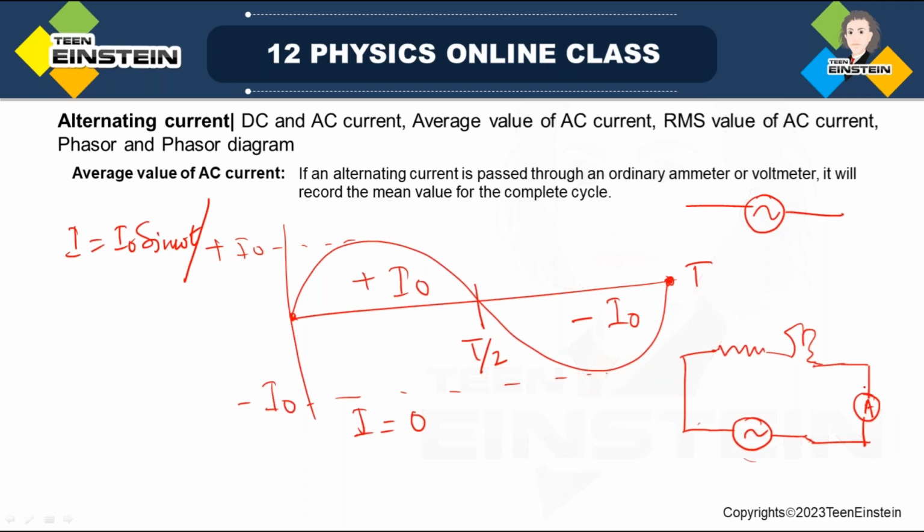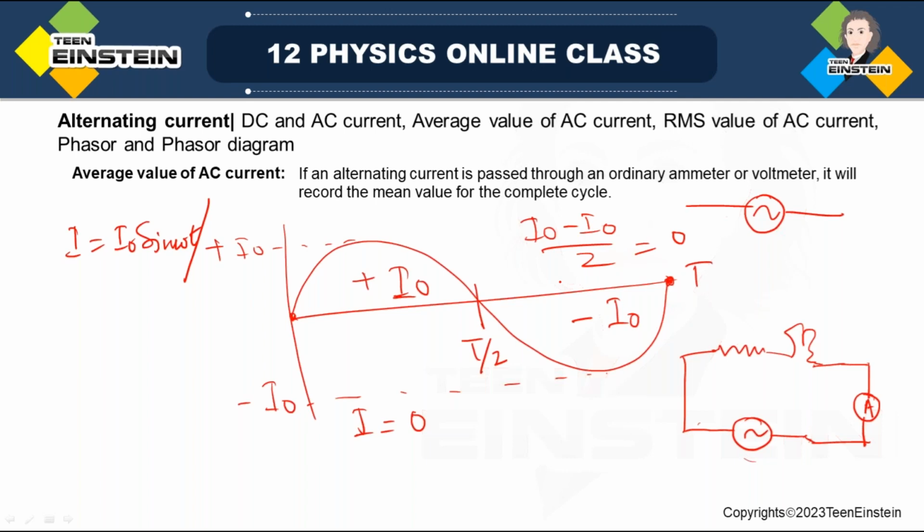Because the normal or ordinary ammeter is just measuring the mean or average value of this AC current in a complete cycle. That's why we are getting zero. Simple arithmetic average is zero by 2, which is 0.